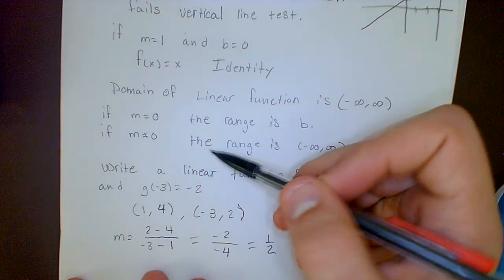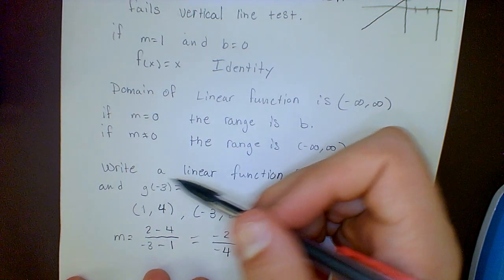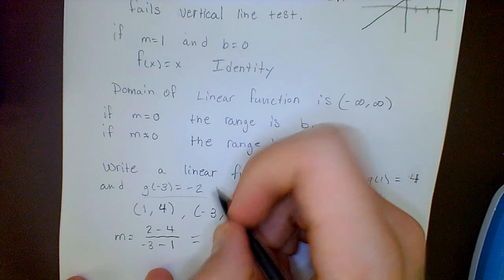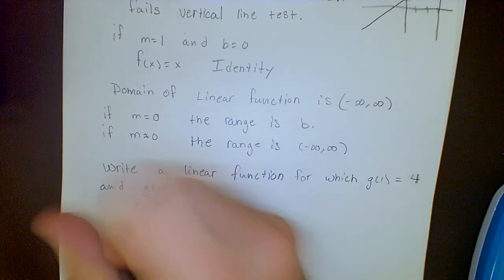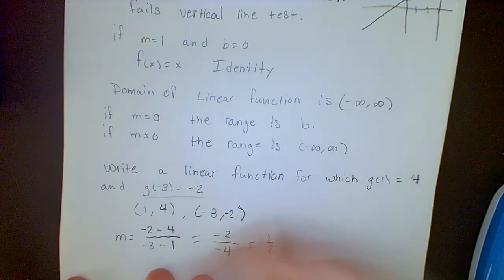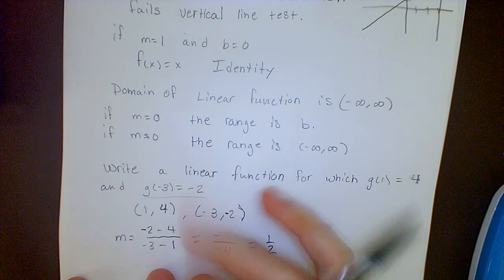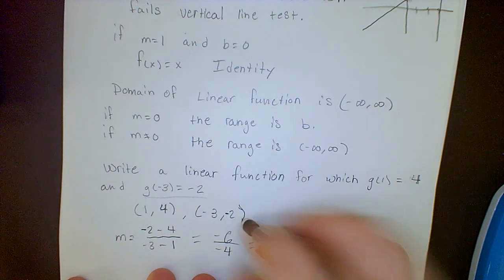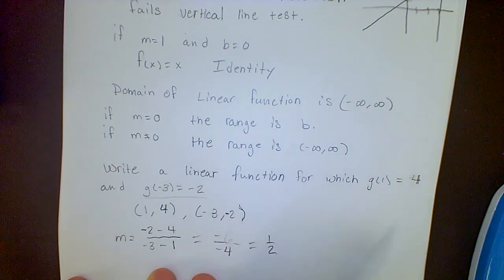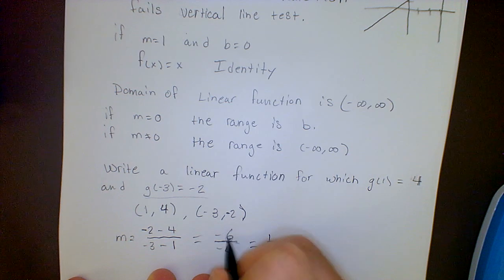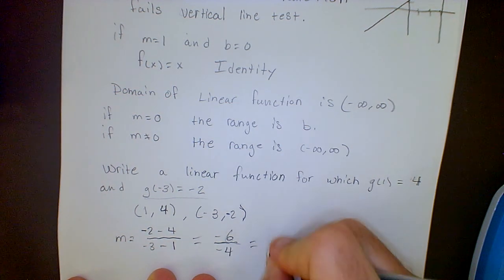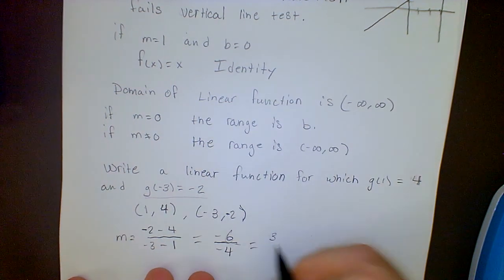I wrote negative 2 in the numerator, but I should have had negative 6 there: negative 2 minus 4 is negative 6. So that changes the slope to 3 over 2.